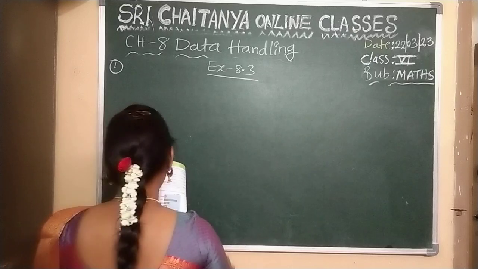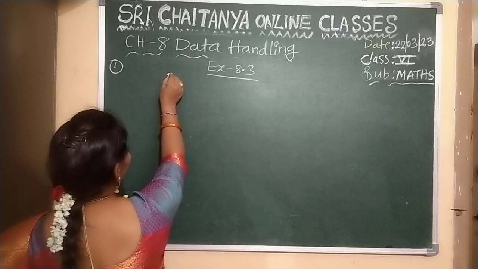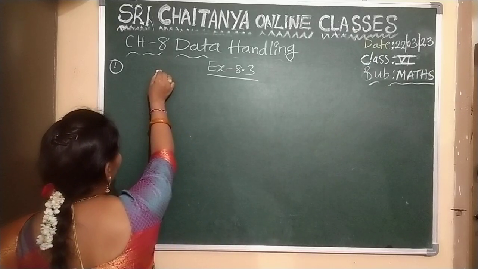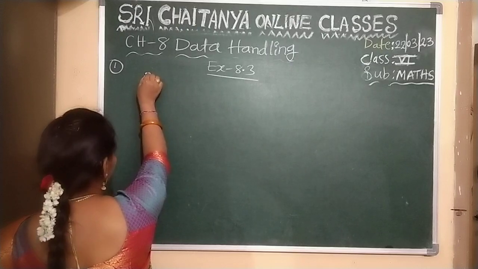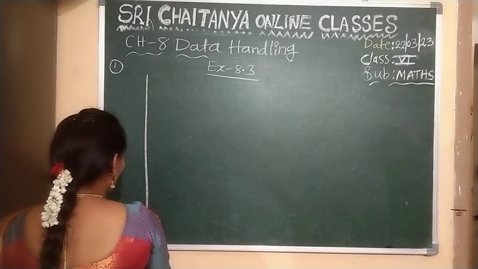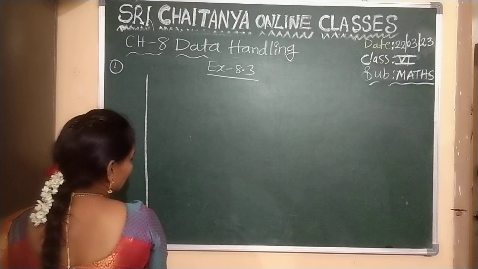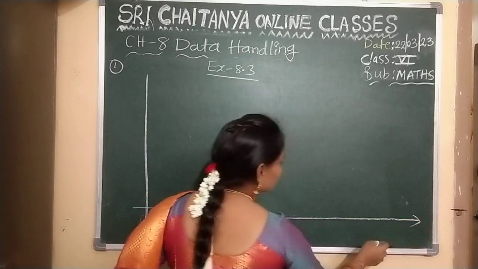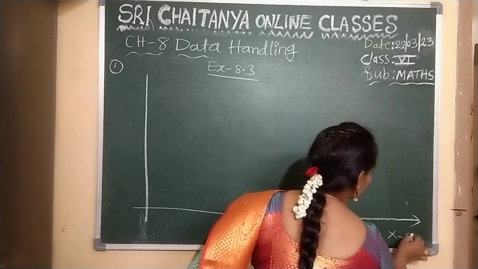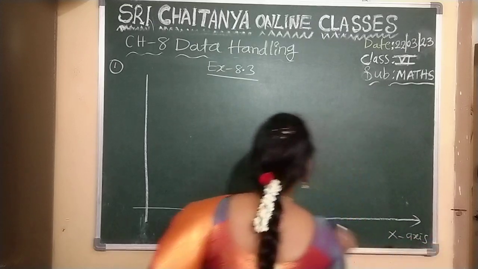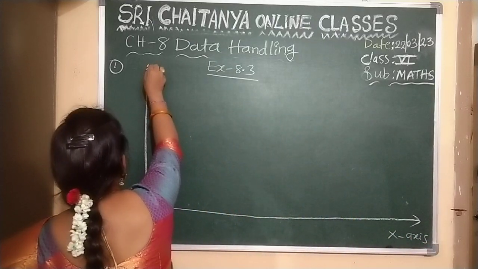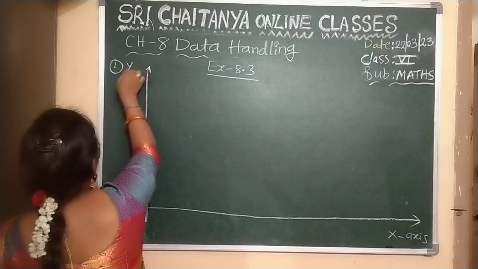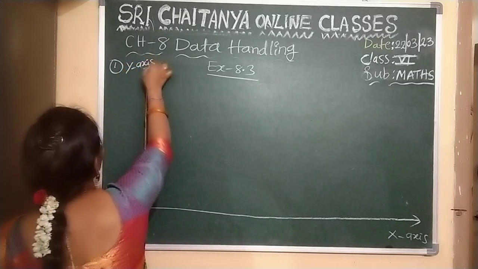Okay. Now I am drawing just a small graph, because I have just a small space now. This is a little board, not that big a board. Y-axis.